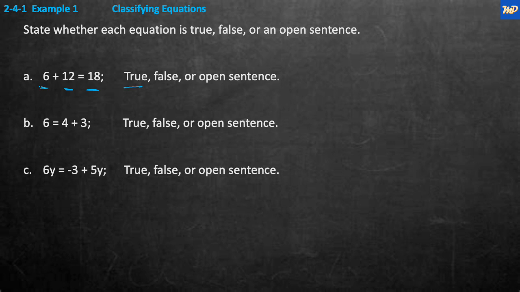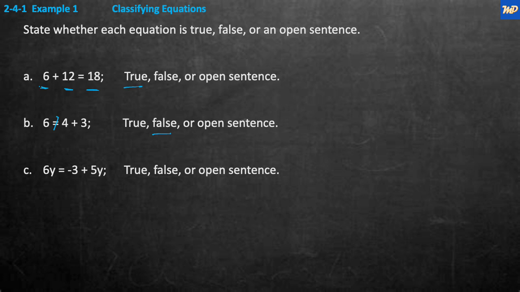B, 6 equals 4 plus 3. True, false, or open sentence? Well, is 6 equal to 4 plus 3? I'm going to say not equal. So it's false, and it is not an open sentence because there are no variables. How about C? 6y is equal to -3 plus 5y.